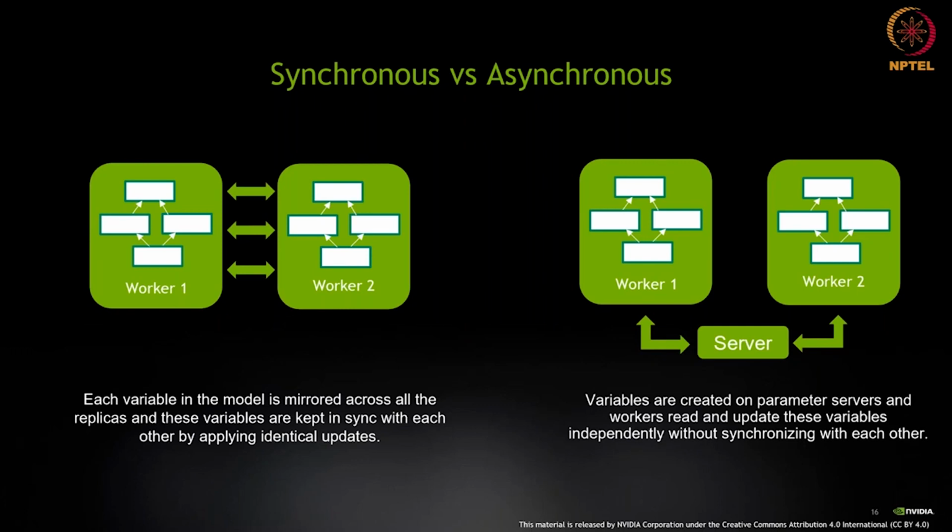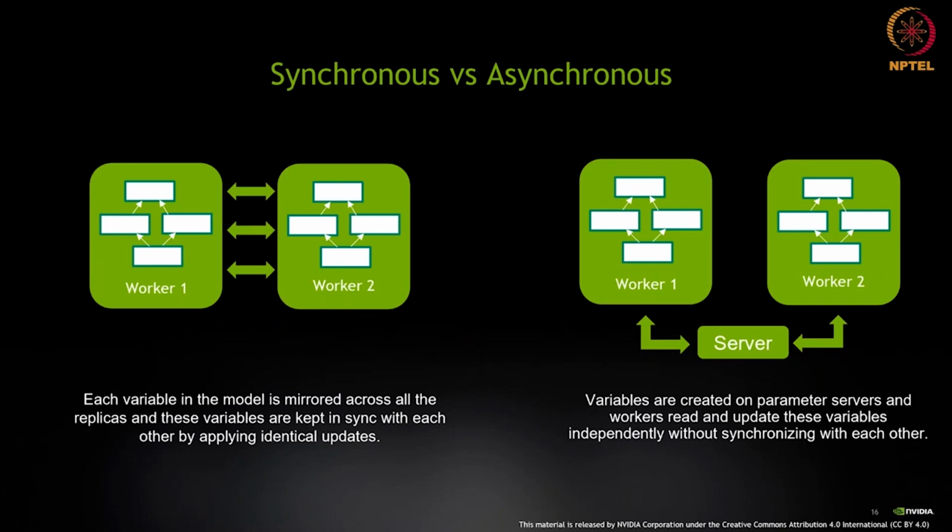Now this is very critical. If you see on the left hand side, especially in the synchronous communication approach, since every worker needs to be in sync with the other workers, they are always going to go in a step-by-step manner. So even if one worker is lagging behind, it will affect the scalability of all the other workers, because they have to wait till all the workers are at the same state.